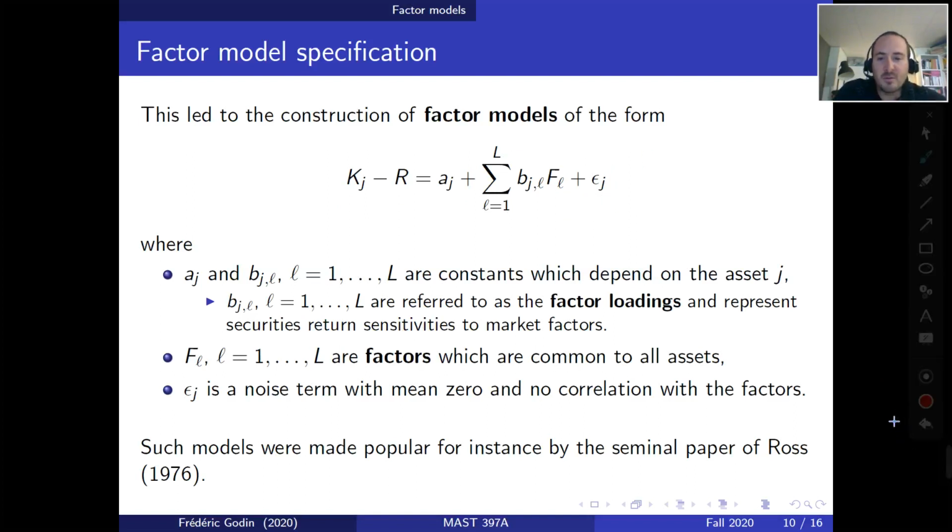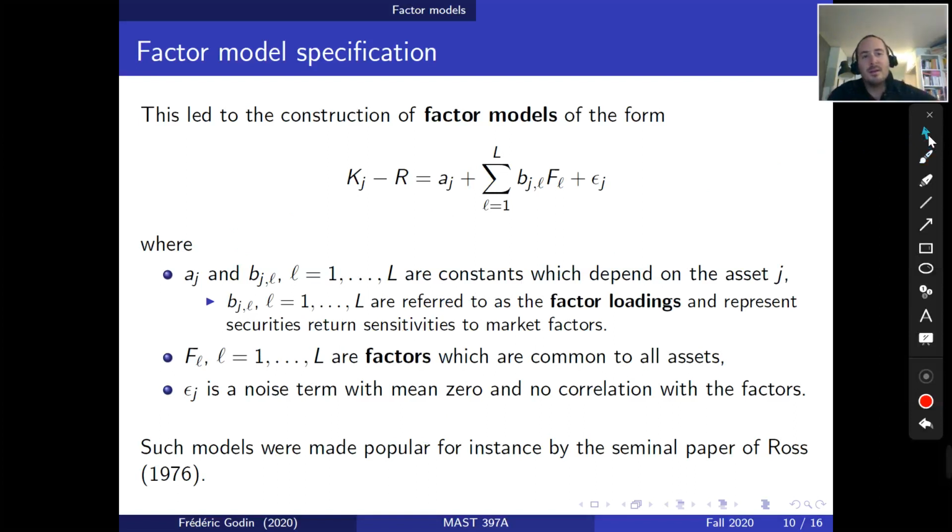These factor models were made popular, for instance, by the seminal paper of Ross, 1976, where this kind of theory with factor models was referred to as arbitrage pricing theory. So here it's different. This is arbitrage pricing theory, and what we did in previous chapters is often referred to as no arbitrage pricing.